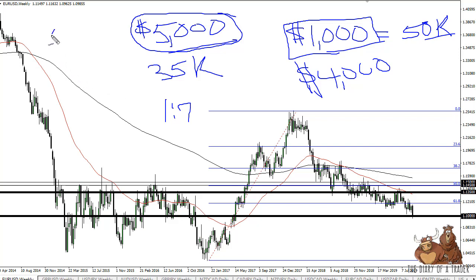If you're trading just one mini lot of 10,000 in currency, say, in this pair, well, that's 1 to 2. And to be honest with you, that's not that uncommon. That not only requires very little to open up, but it also gives you a ton of margin at your disposal if you see other opportunities.